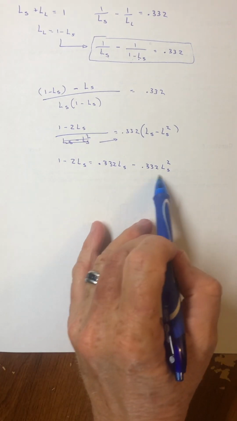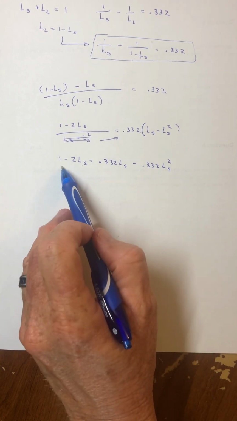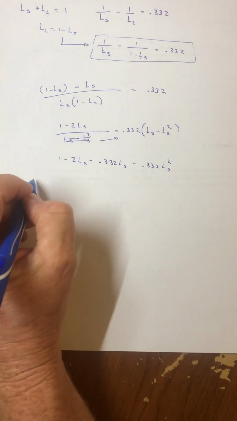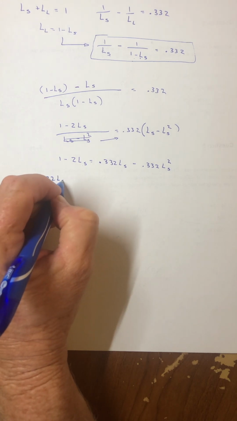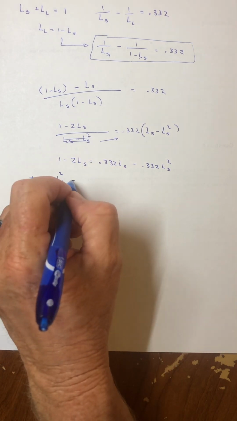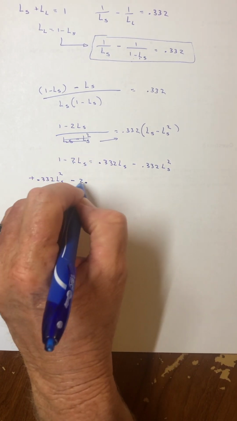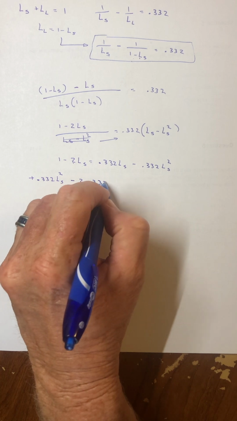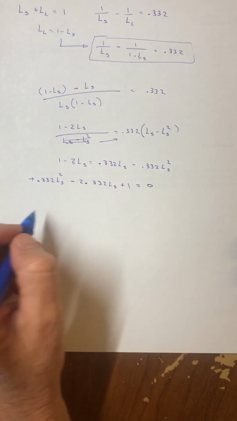And so you can see I have some LS's that need to be combined together. I have a quadratic term and a constant term. Why don't I just bring this over so it becomes plus 0.332 LS squared. When I bring this over, it becomes a minus, and with that minus 2, makes minus 2.332 LS. Then I have the plus 1, and that equals 0.